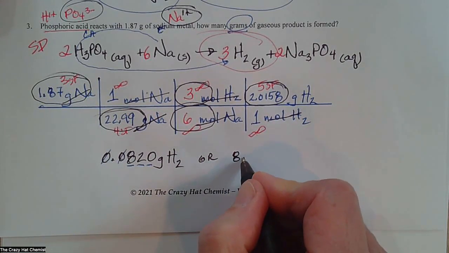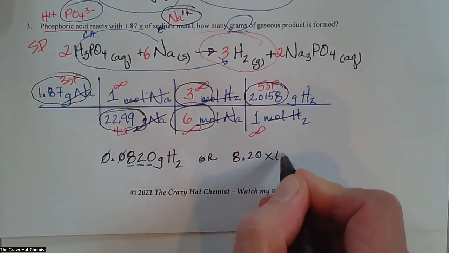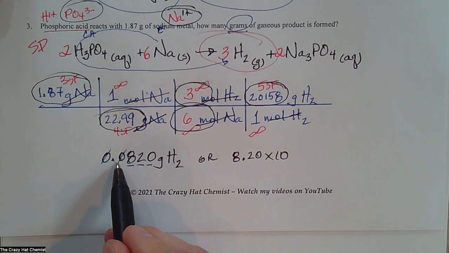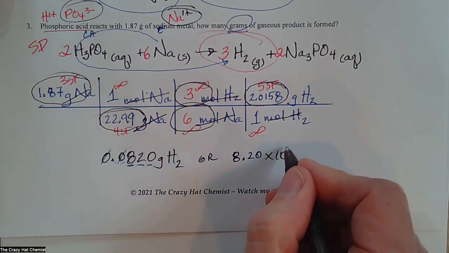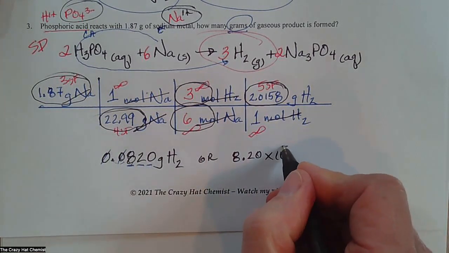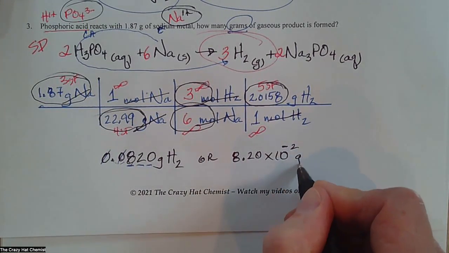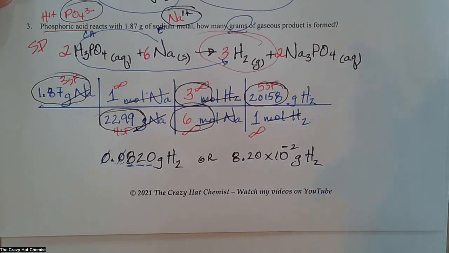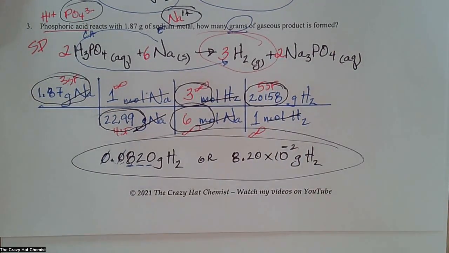Alternatively, I can have this in exponential notation, and this would be the number. If I move the decimal 2 places, the number is less than 1, so it's a negative 2, and that's grams of H2. So it doesn't really matter. I have number, units, formula. I have rounded it correctly with the number of significant figures, okay? Hopefully you're okie dokie with that.